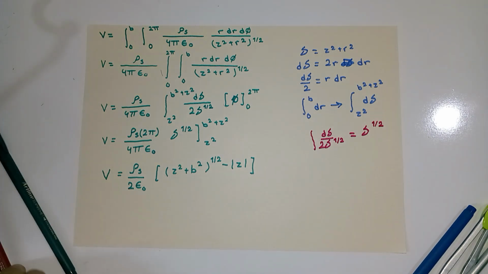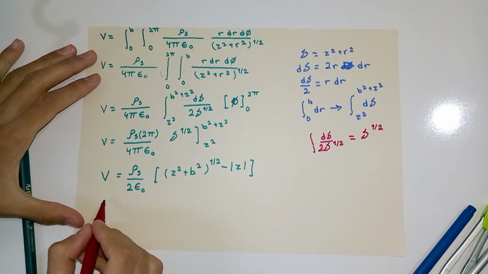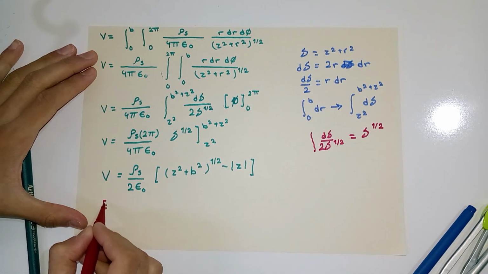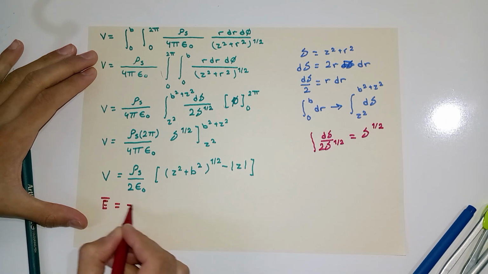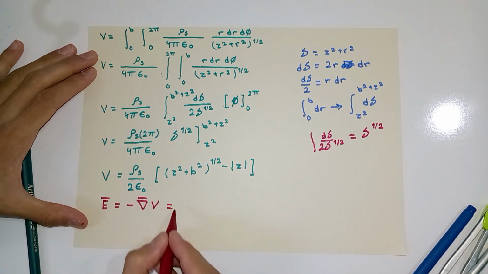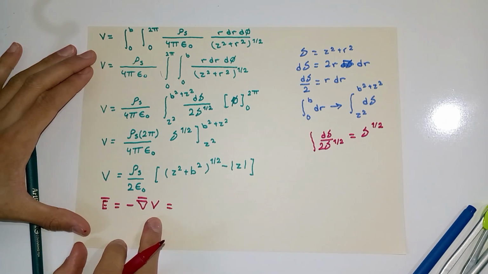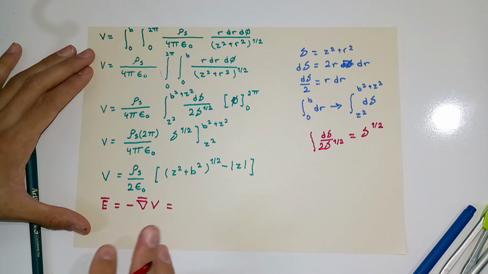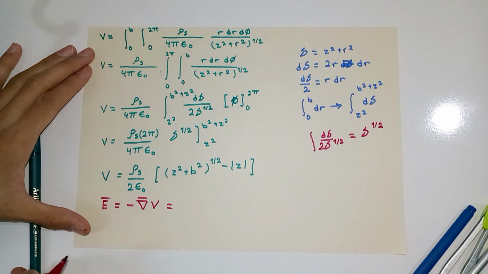And in order to find the electric field, we are going to apply the gradient operation. We know that the electric field is the negative gradient of the electric potential. The gradient is the derivative with respect to the three spatial coordinates.